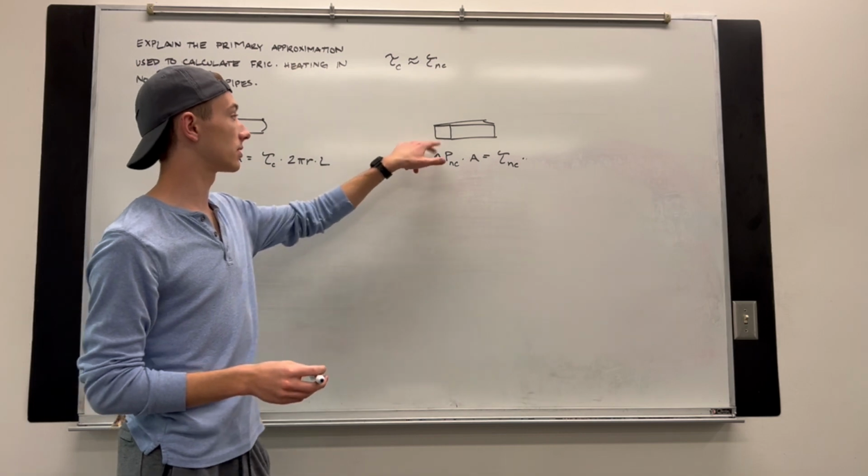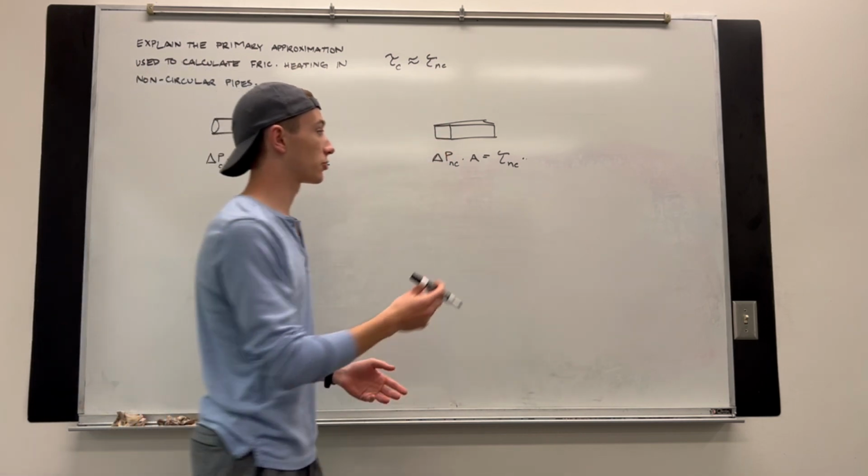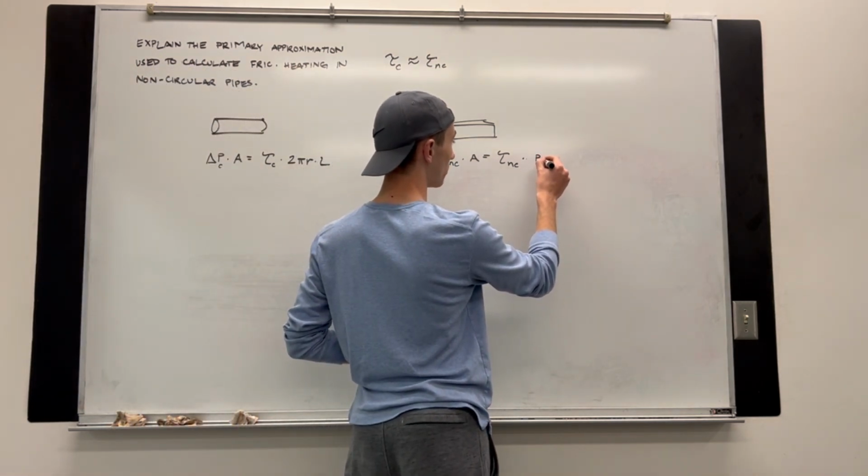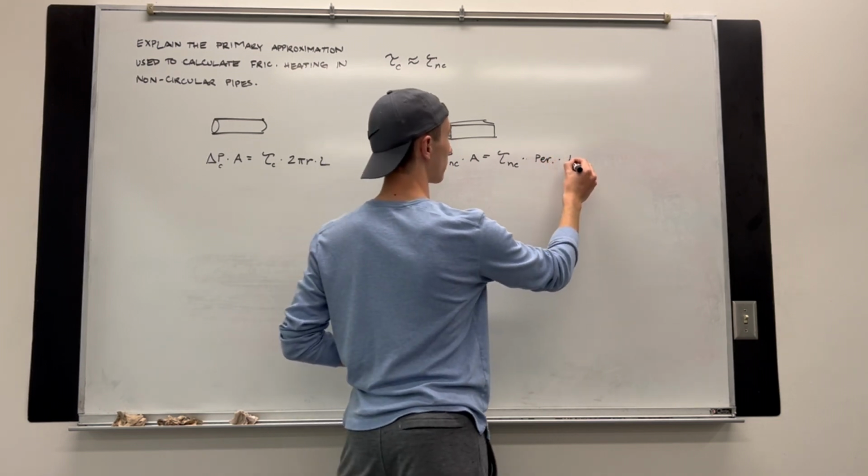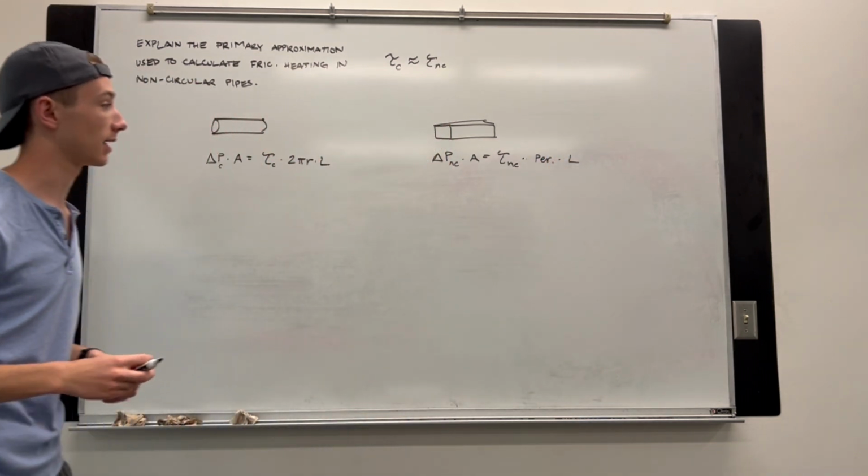It's 2 times the width plus 2 times the height. I'm just going to keep this term as the perimeter times the length. Okay, and you'll see what I'm doing here in just a second.